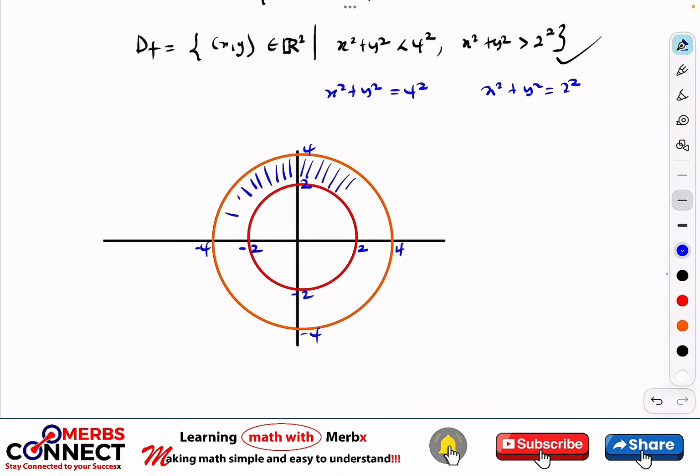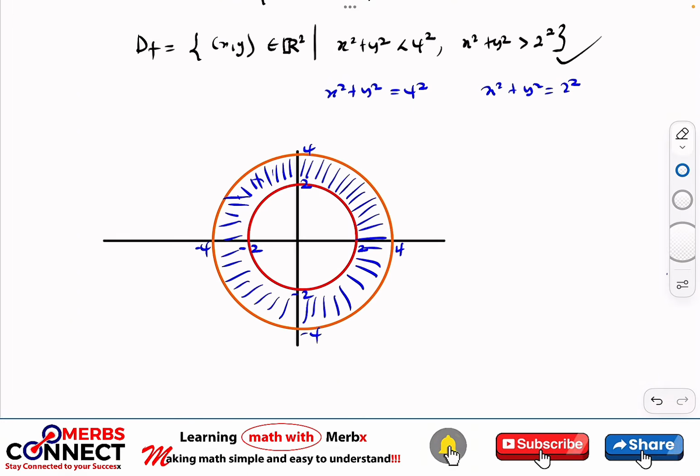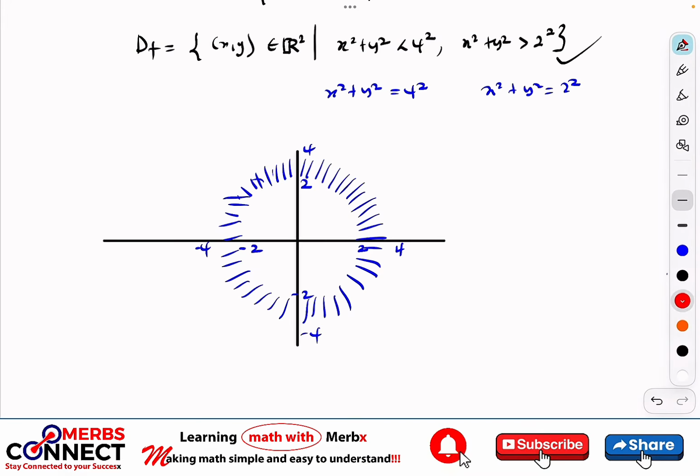So this is how the graph is going to look like. It should be between 2 and 4, or the radius of 2 and 4. But here, we should not include the boundary. So we should be having something like this. So let me try and see if I can exclude the boundary.